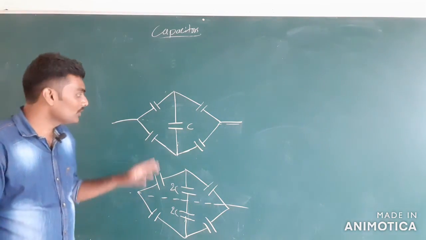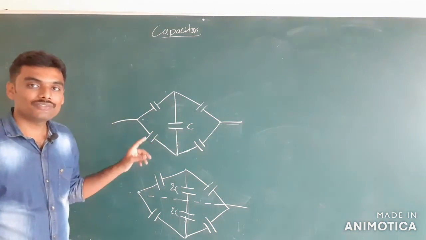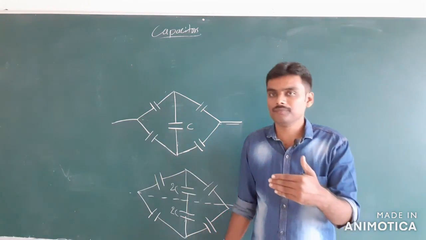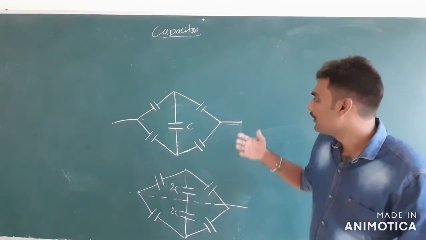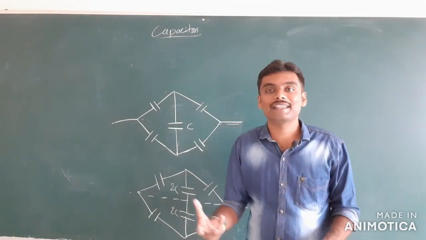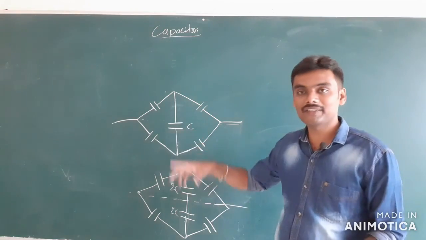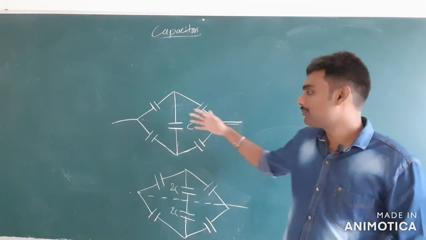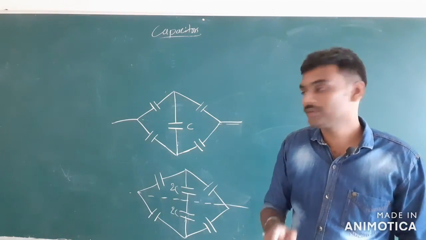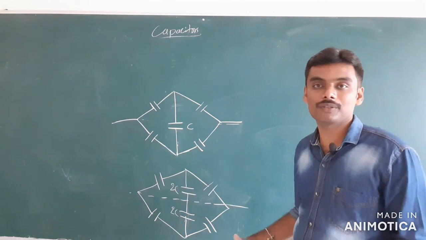So wherever you see a single capacitor which is not letting the parallel symmetry appear in the circuit, you can split that capacitor into two like this, and then you can get the symmetry and solve the circuit.